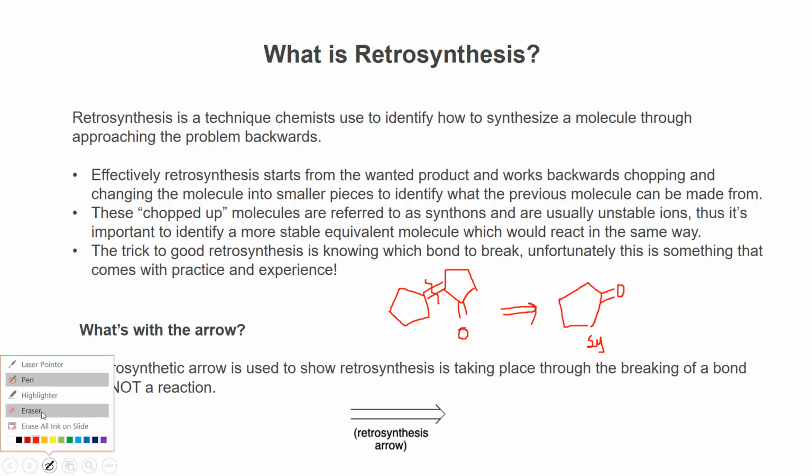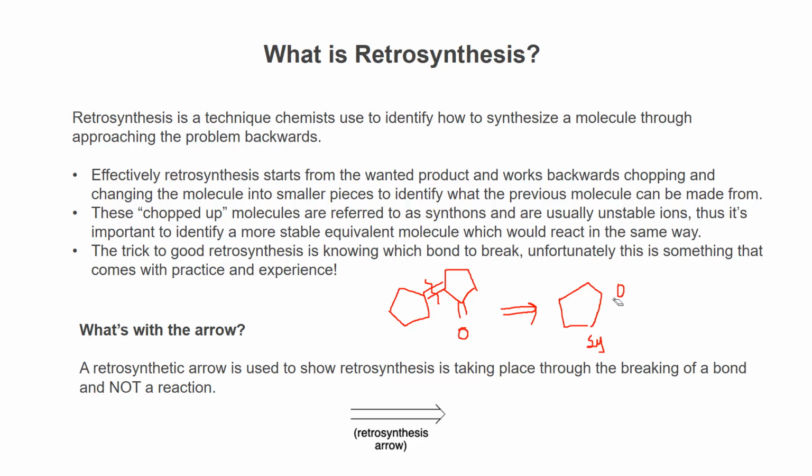One part is this, and another is this one. Now if one bond is disconnected, there will be a positive and a negative charge. Here two bonds have been disconnected, so there will be a 2 delta positive or positive charge.